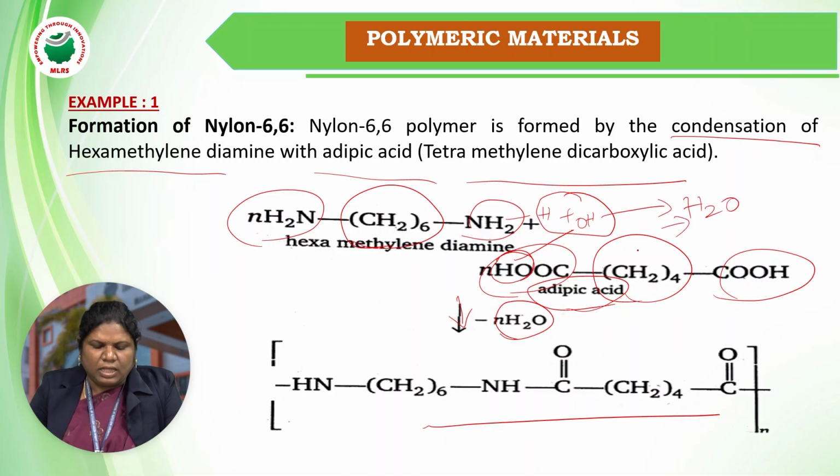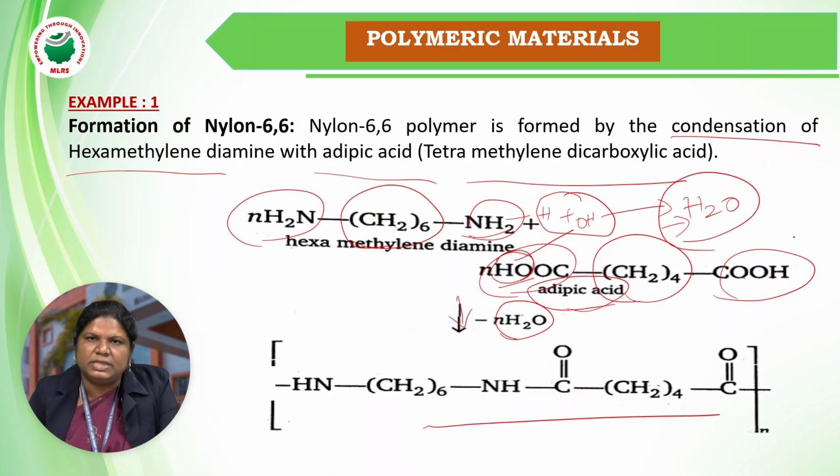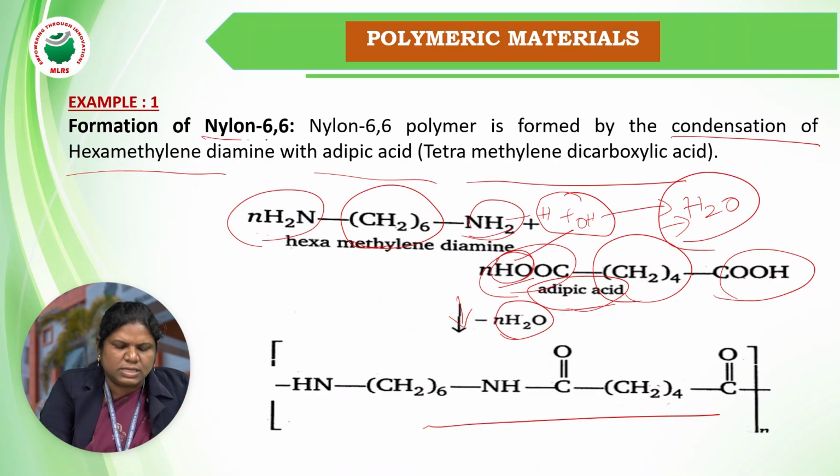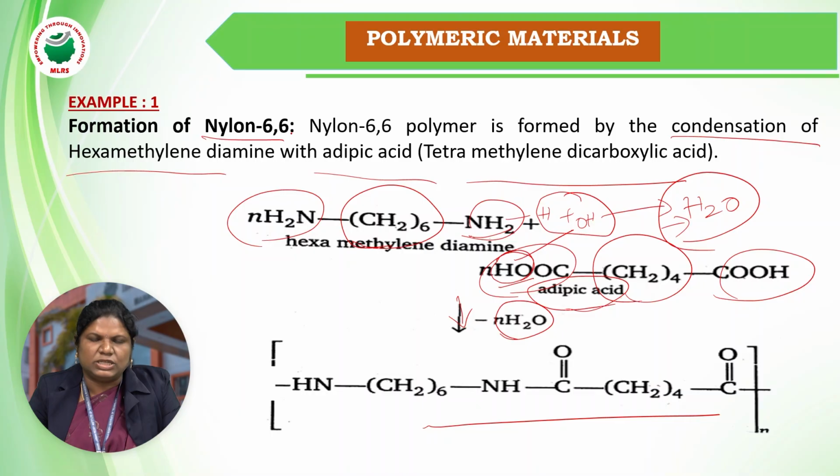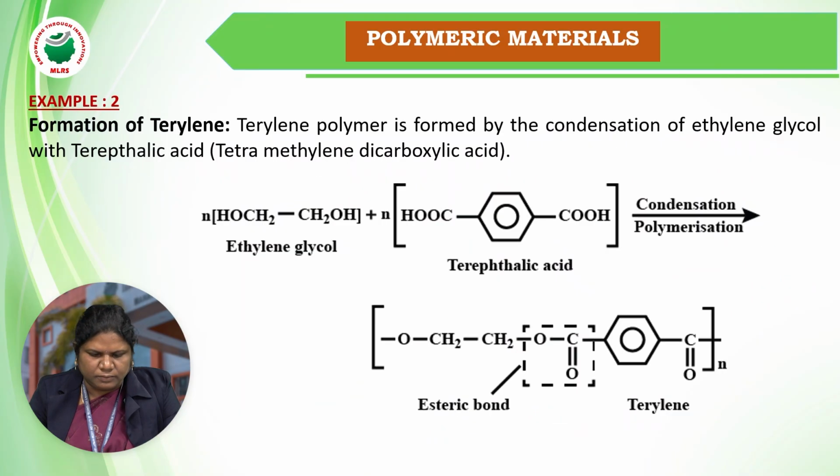The hydrogen from the amine molecule and the OH from the adipic acid both combine, and the water is released as the byproduct. This is how nylon 6,6 is formed from the condensation polymerization reaction.